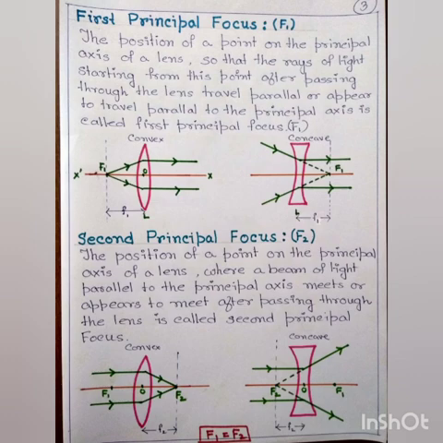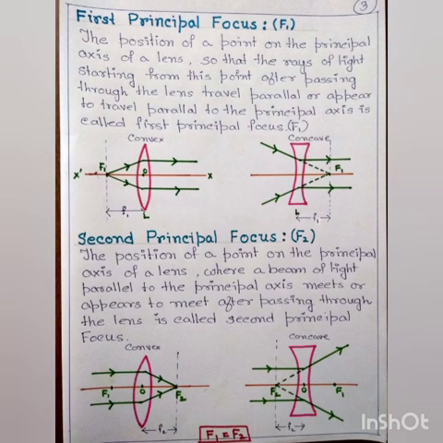So in both situations, the emergent rays are parallel to the principal axis. But for the convex lens, they start from the first principal focus, and for the concave lens, the incident rays appear to converge to the first principal focus. But we have to remember the emergent rays are finally parallel to the principal axis.